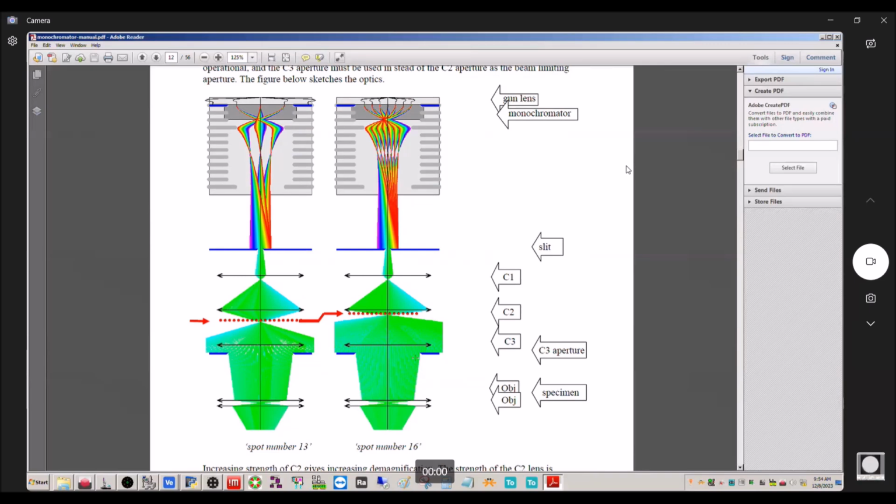So we lose a little bit of flexibility with the optics, but we'll still be okay. We'll have an aperture that we can work with here. Again, as I go from a lower number to a higher number, I'm getting a higher demagnification, a smaller probe, but I'm getting less current. That's the trade-off.